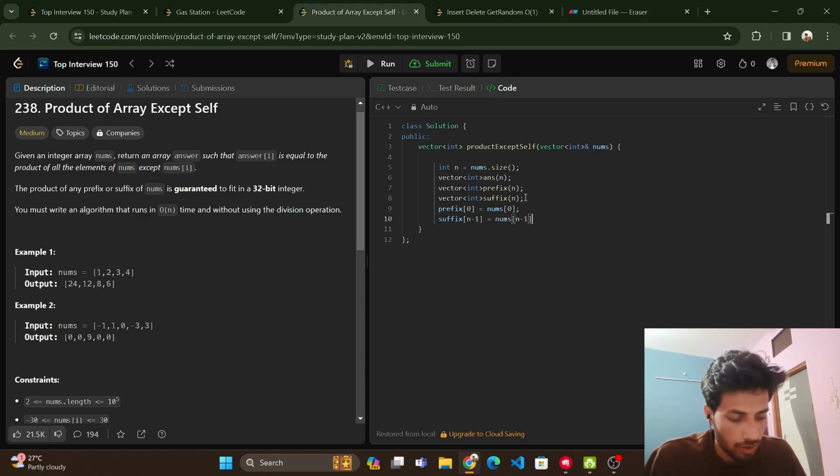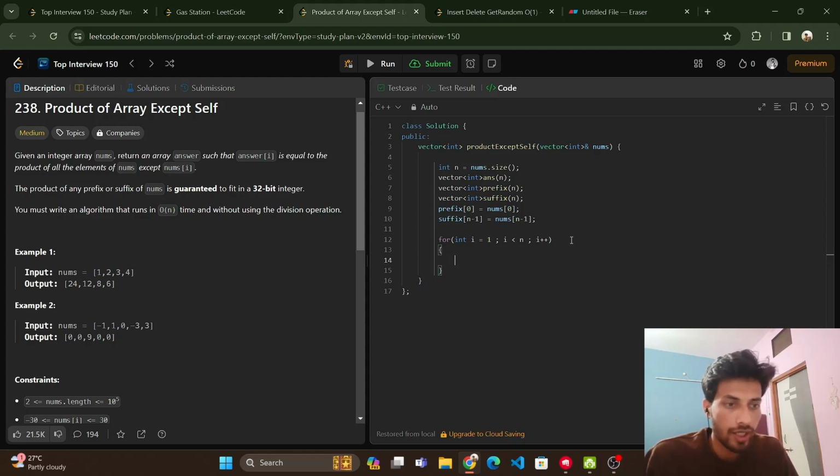So these two cases we get from there only. Now we just have to carry on with the loops. We will create two loops and do our way. We just handled the zeroth case, now we just go on from the first case.